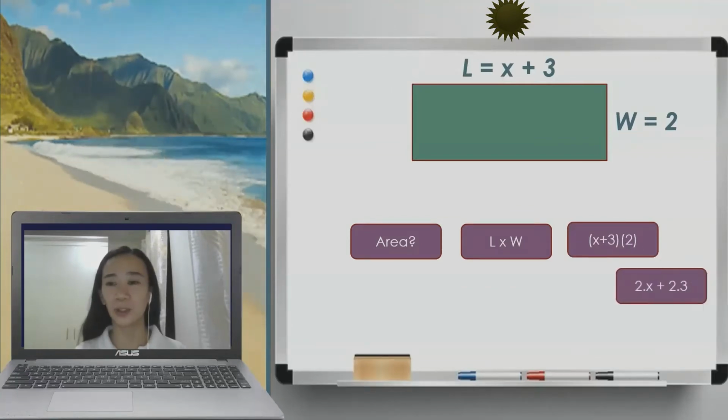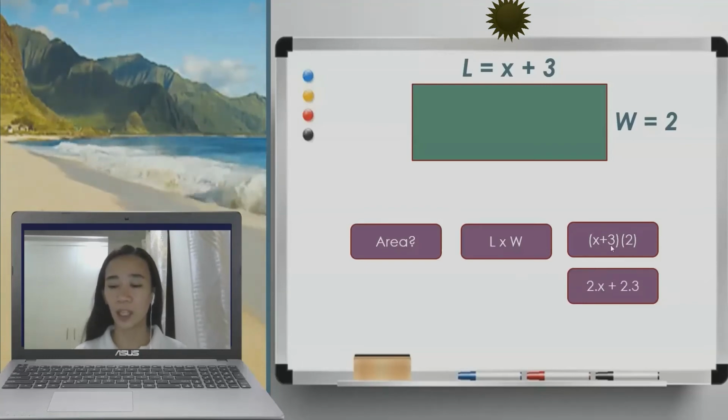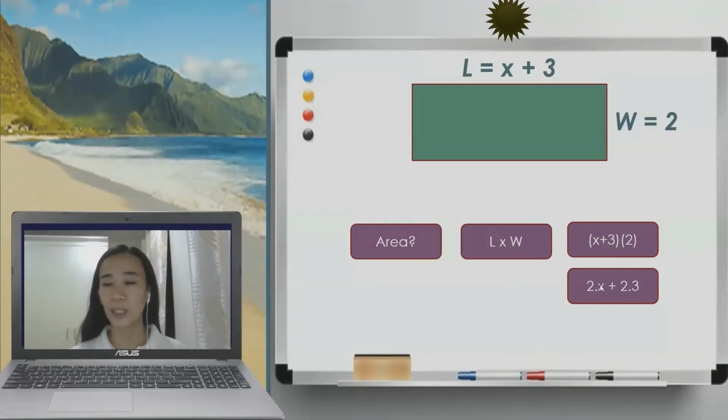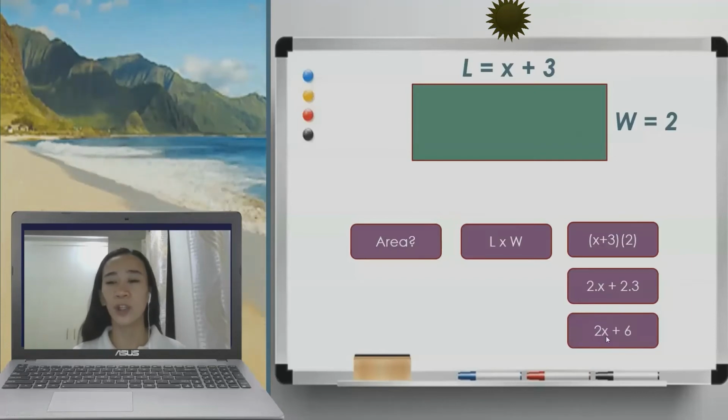By distribution, it will be 2 times x plus 2 times 3. 2 times x is equal to 2x, and 2 times 3 is equal to 6. So, the area of this rectangle is equal to 2x plus 6.